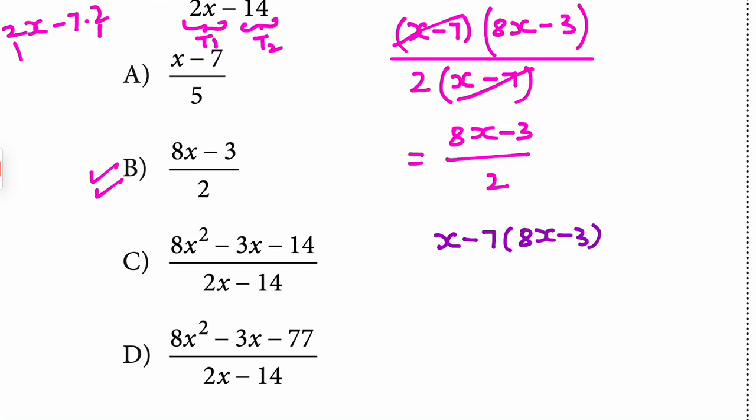What is actually the overall factor? This is x − 7 as one factor, and because it is one factor, it should be in parentheses. That's just a small point which we should take into account every time. So yeah, I think we have done it. So B is the right option.